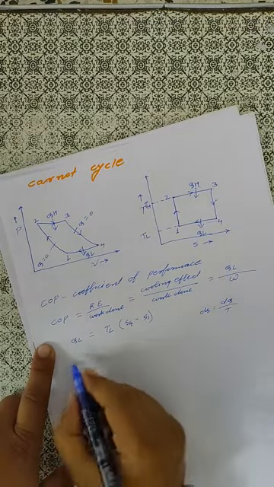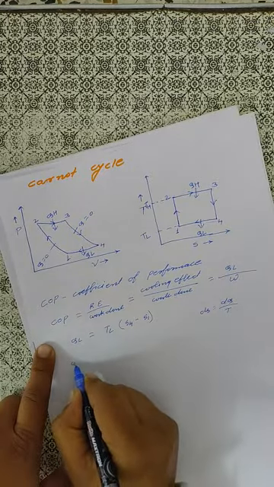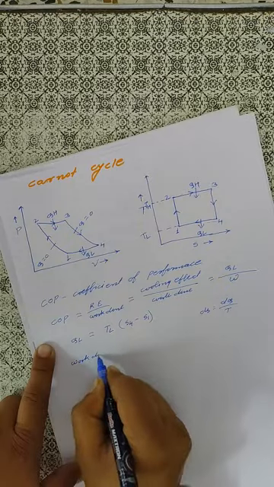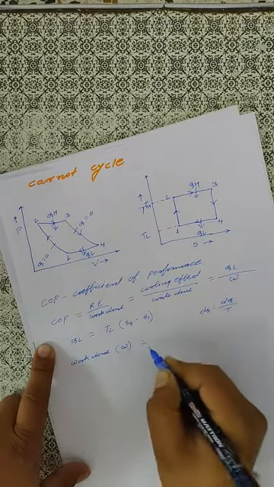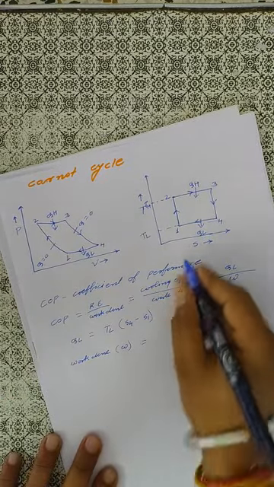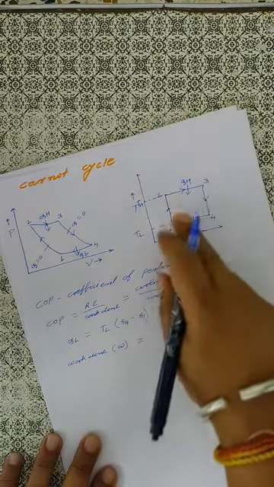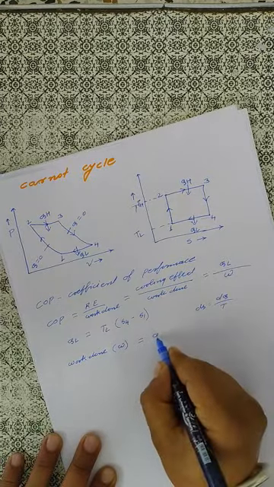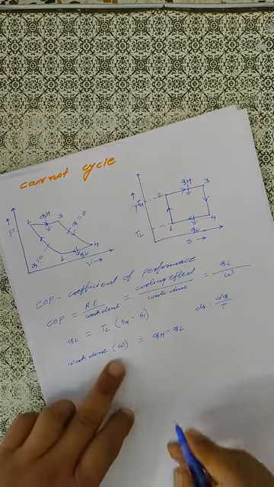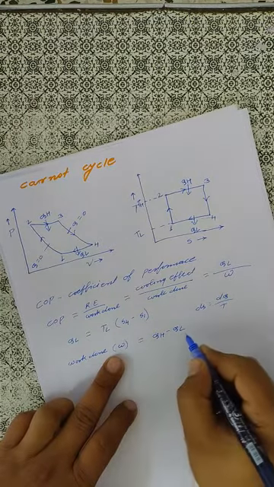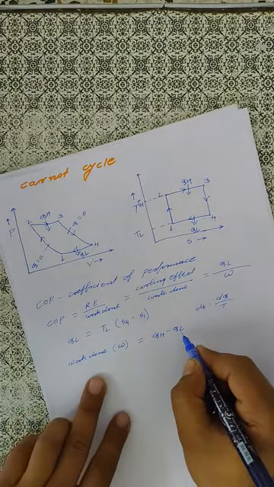Okay. Now how will we calculate the work done? Work done, that is W. From the first law, if you apply the first law for this system, W equal to QH minus QL, because we know that from the first law, the net work done equals the net heat transfer.